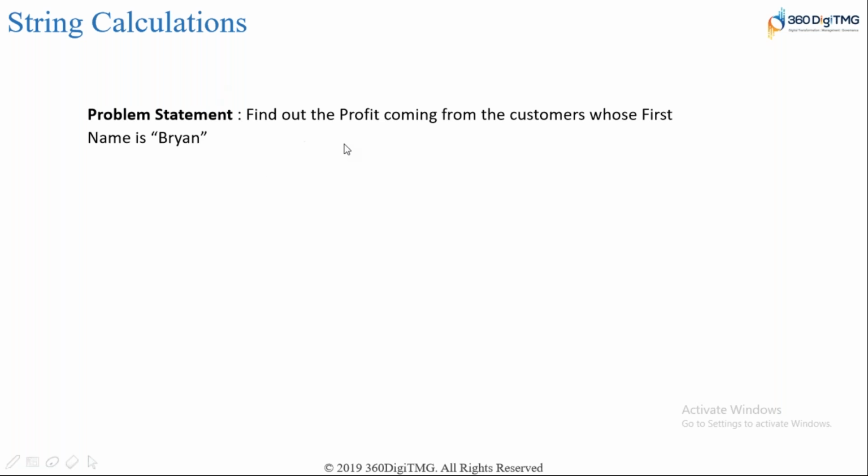Next, find out the profit coming from the customers whose first name is Brian. Try it out, please. I'll give you all a minute here and then I'll tell you the solution. Try it out.